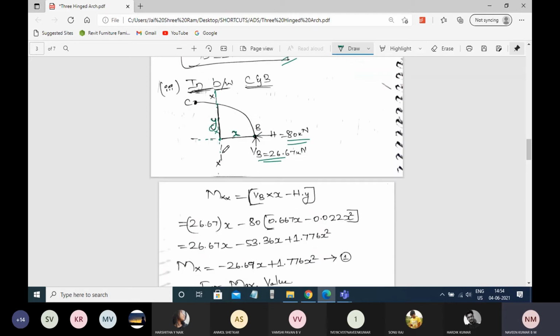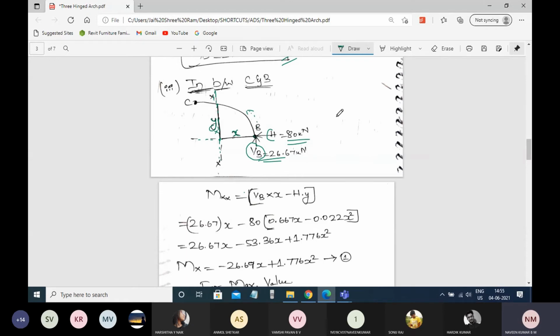Now consider the moment on this particular section. Which forces are acting? Between this support B and section xx, two forces are acting. So VB into x, V is the vertical force. To reach this section xx, you require a perpendicular distance of x, and you just check the type of rotation. It is anti-clockwise, so minus, because we are considering from the right hand side, right?